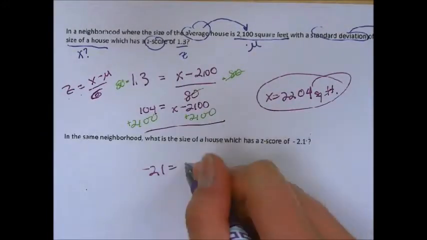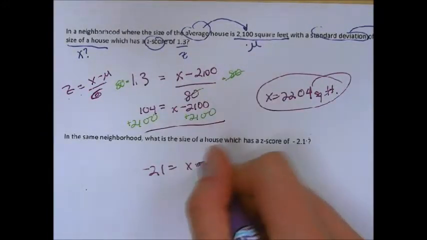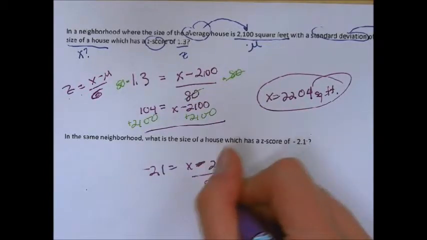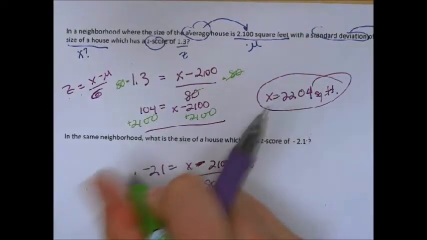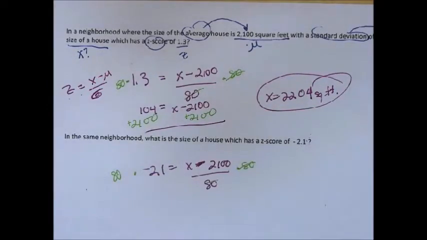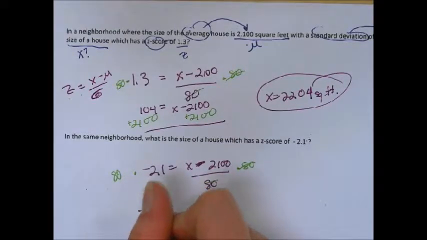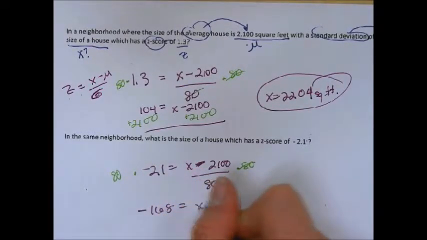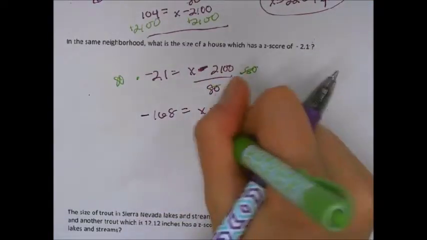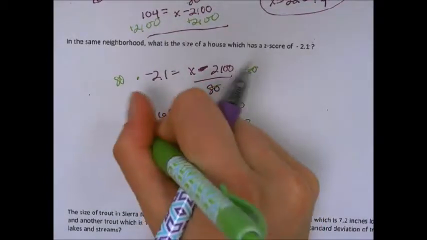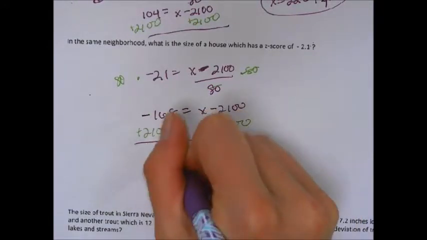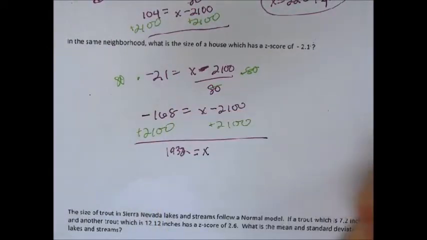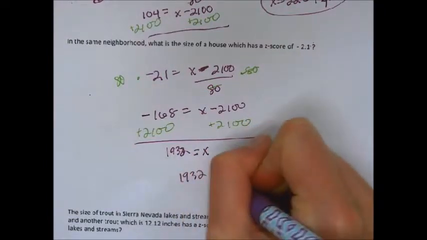And we don't know the data, but we do know the mean and the standard deviation. So we times by 80. So I get negative 168 equals x minus 2100. Add 2100. X equals 1932. So 1932 square feet.